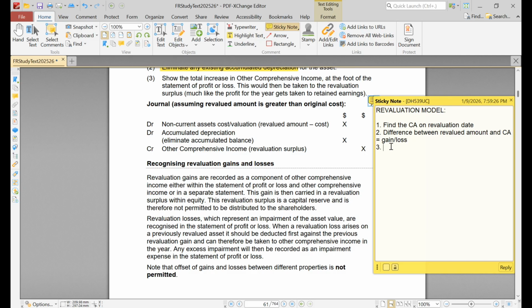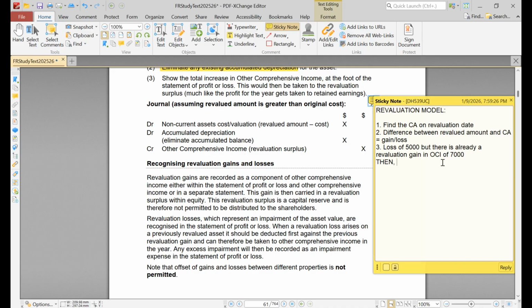Now, if it's a gain, it would go in other comprehensive income. If it's a loss of, for example, $5,000, but there is already a revaluation gain in OCI for the same asset or for the same class of asset of, let's say, $7,000, then you have to record the difference.